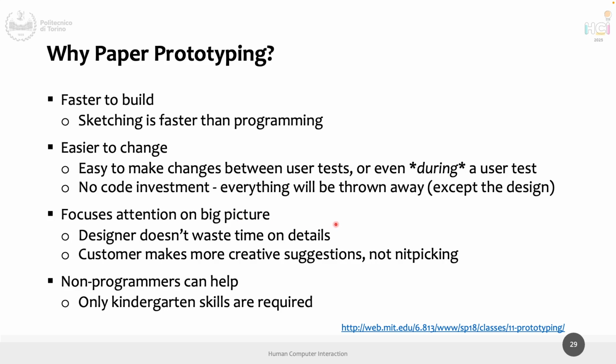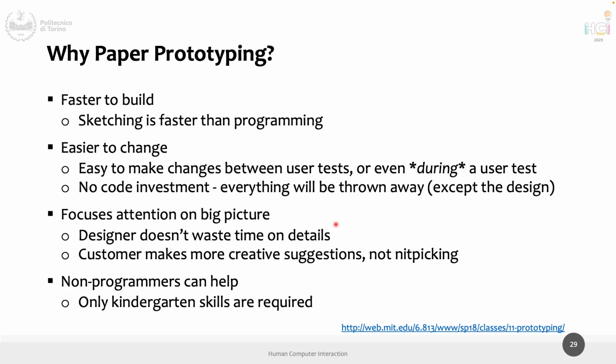Most importantly, when you have people using this, they focus attention on the big picture, not on details like colors. It's been shown that when people look at something that looks like a high fidelity prototype, colored and precise, they start to nitpick. They say, this shade of red is wrong, or these buttons are too close, or I don't see this very well, or the contrast is wrong.